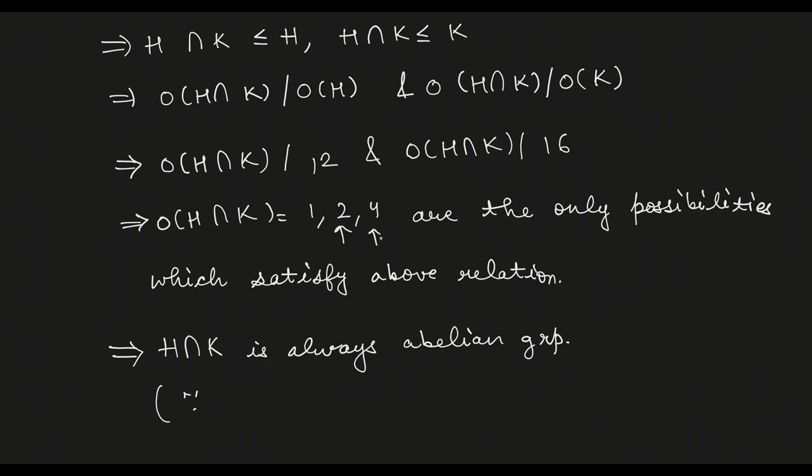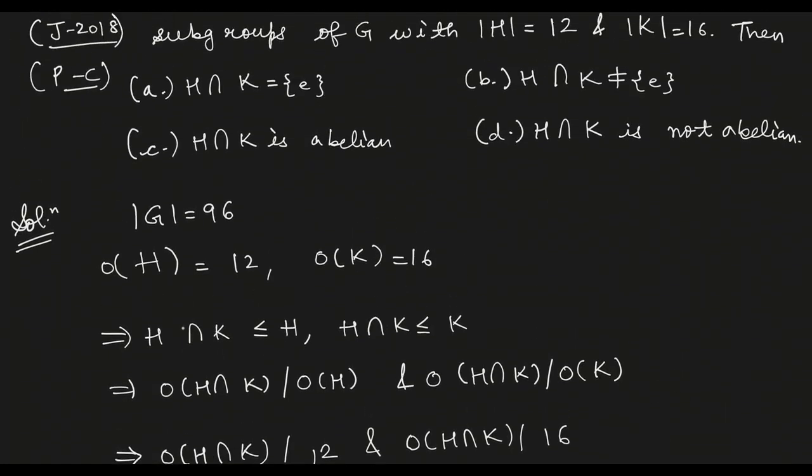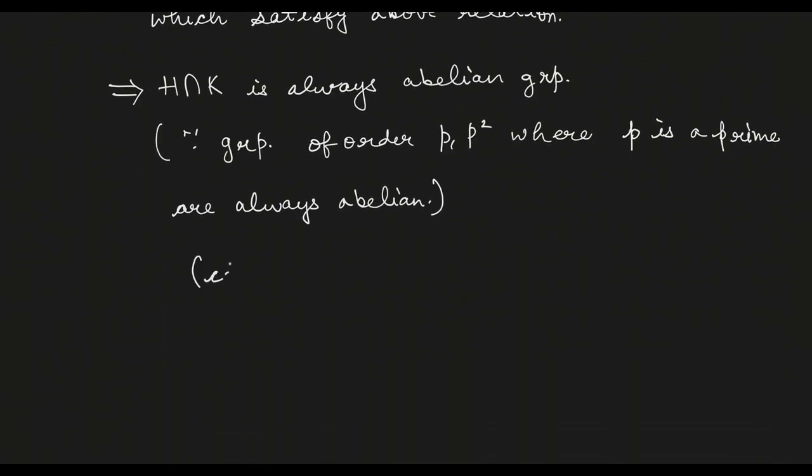Every group of order p square is also abelian, because groups of order p and p square, where p is a prime, are always abelian. So option C is correct and option D is wrong.